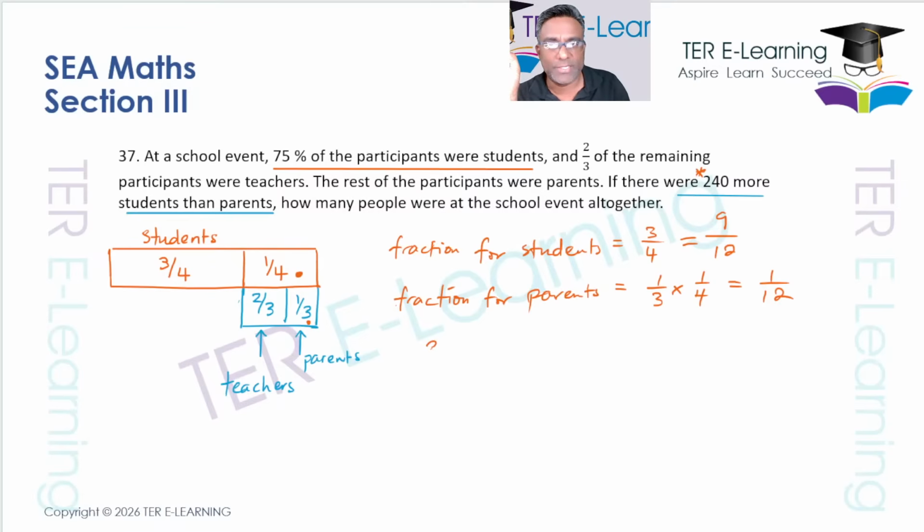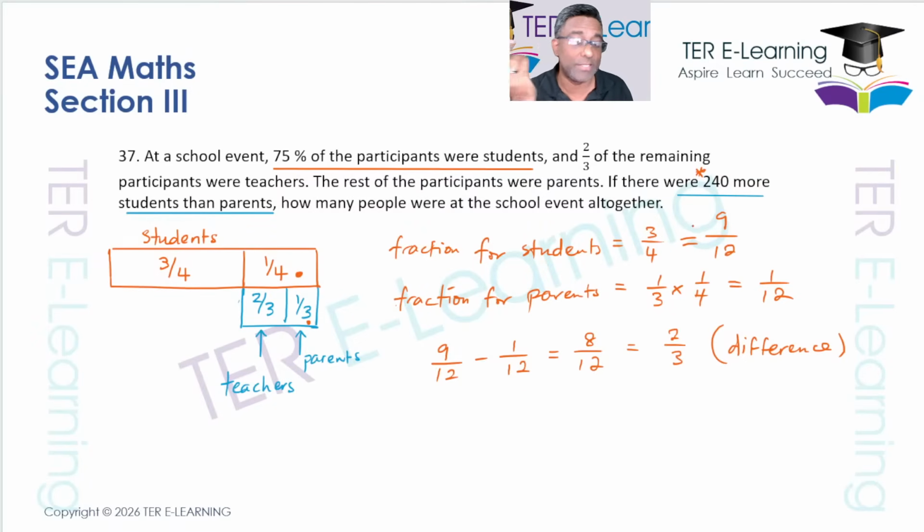So the difference will be 9/12 minus 1/12, which gives us 8/12, or you can reduce that to 2/3. That 2/3 represents the difference between parents and students, and it is represented by 240.